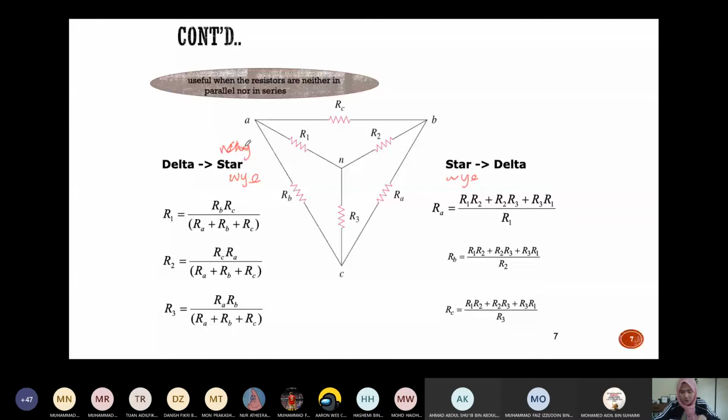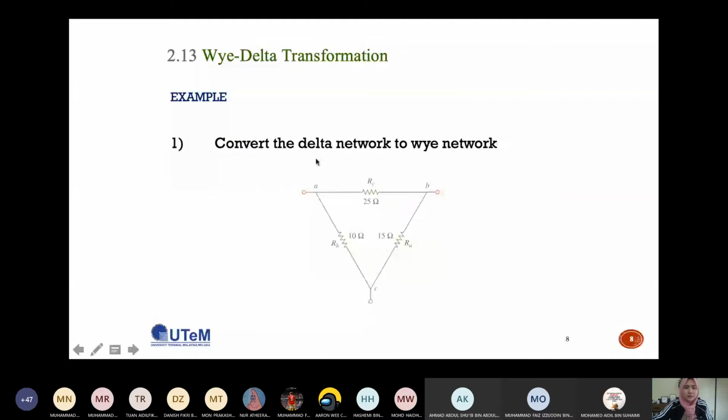Okay, so now let's look at the first example. You were given a circuit. This is a delta network. The question asks you to convert to a Y network. So in order to convert to a Y network, you need to find the values for R1, R2, and also R3.